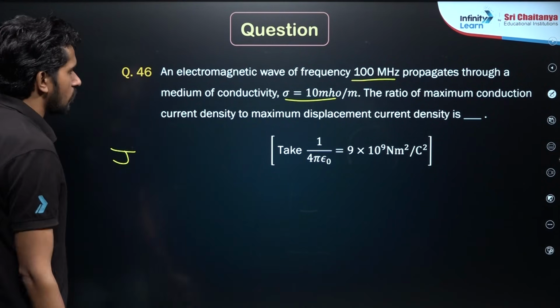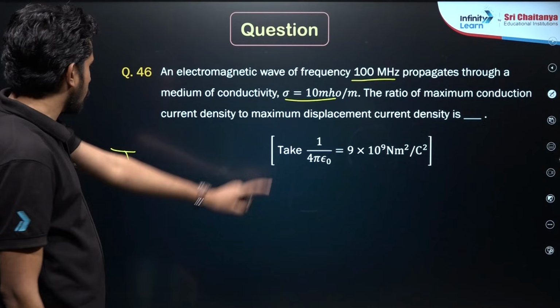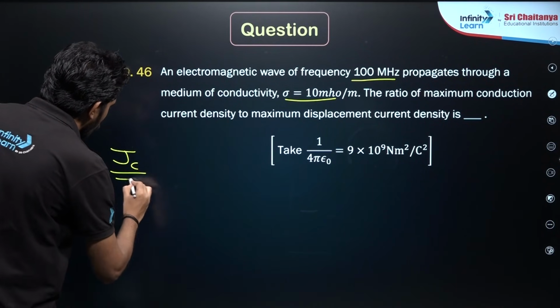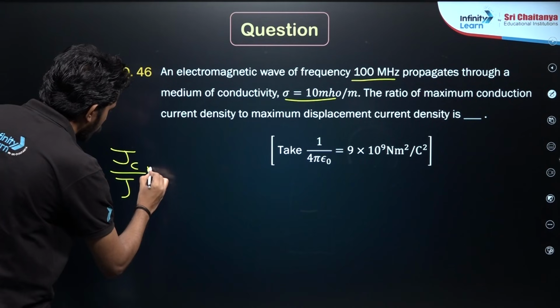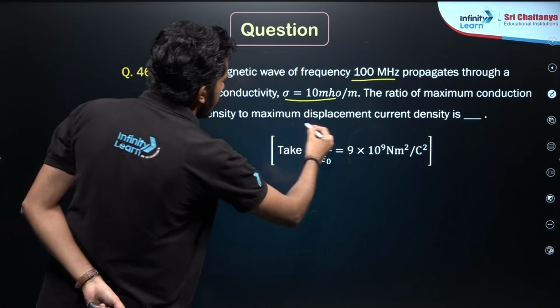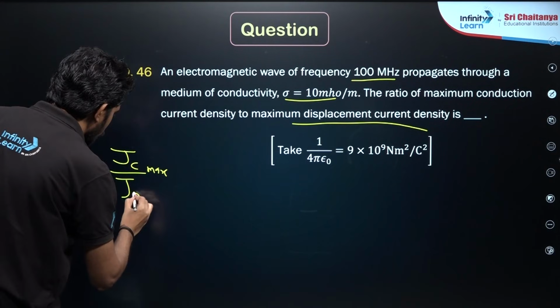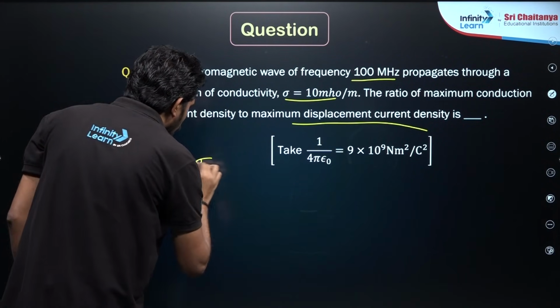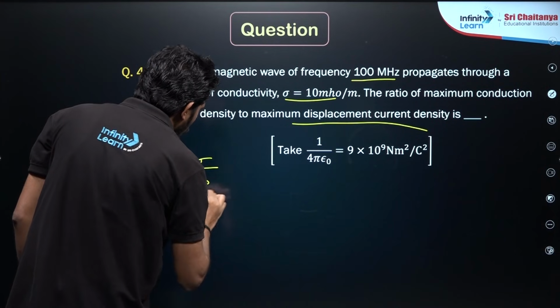So the ratio of maximum conduction current density upon maximum, both the values are maximum displacement current density. Okay, so you guys are aware that value is sigma upon epsilon naught omega.